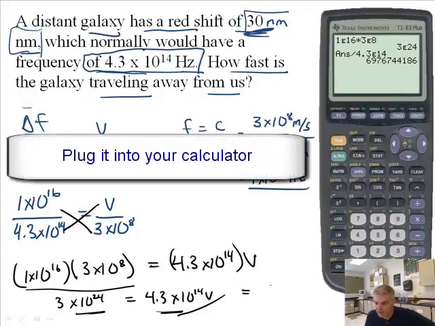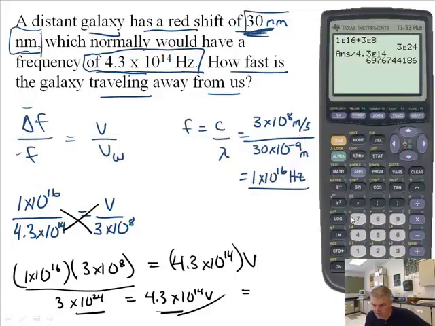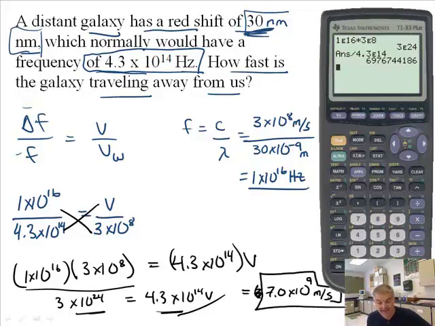I'm just going to write that in scientific notation. I said about 7.0 times 10 to the, now let's look, 1, 2, 3, 4, 5, 6, 7, 8, times 10 to the 9th meters per second. So that galaxy is moving away from us at about 7.0 times 10 to the 9th meters per second.